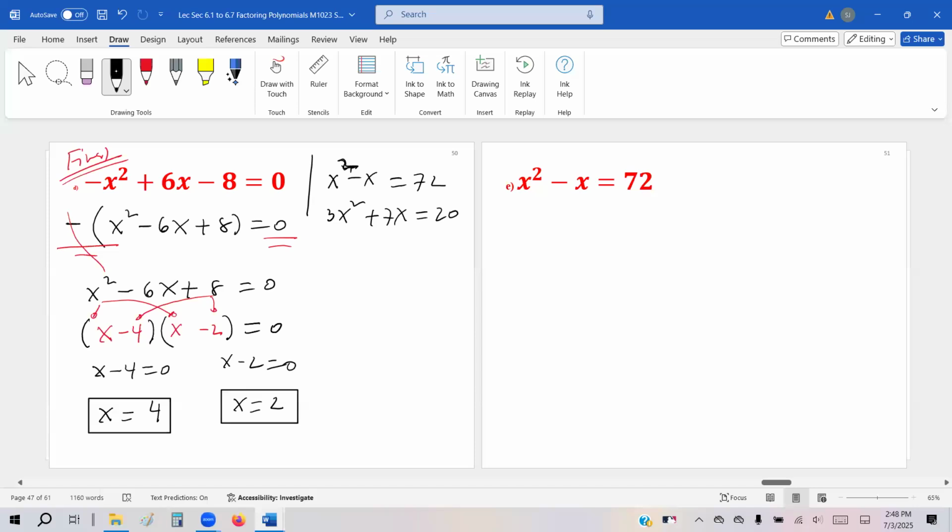For the next one, three x squared plus 7x is the same. On the left side.